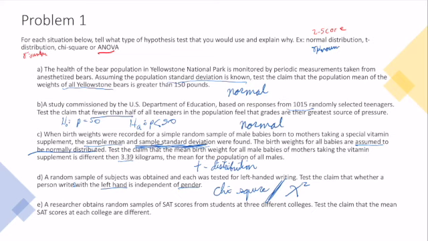Okay, last but not least, for E, a researcher obtains random samples of SAT scores from students at 3 different colleges. We want to test the claim that the mean SAT scores at each college are different. So this is when we're going to be doing an ANOVA test, right?